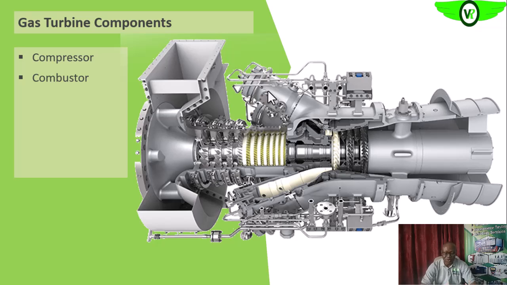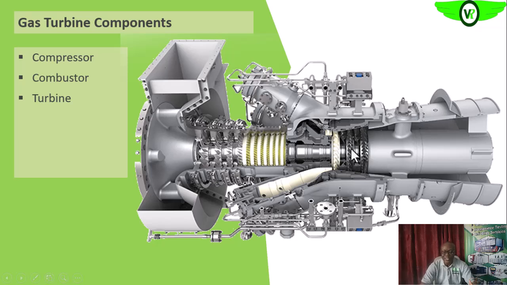So that hot combustion product that is generated within the combustor will now be sent to another section of the gas turbine, which is the turbine section, which is this area. So the hot combustion product from the combustor will now flow through into the turbine section.